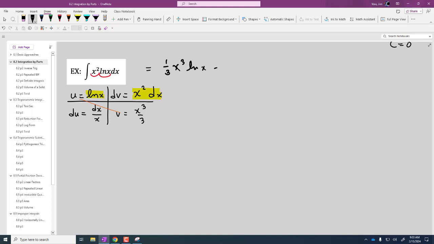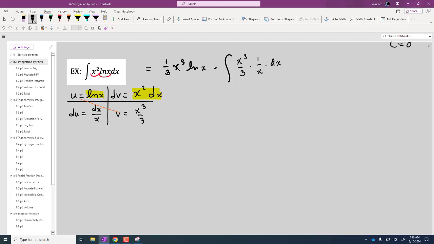So uv minus the integral of voodoo, and voodoo is the bottom row. That's x cubed divided by 3, there's v, and du is 1 over x times dx. So we're going to have that.